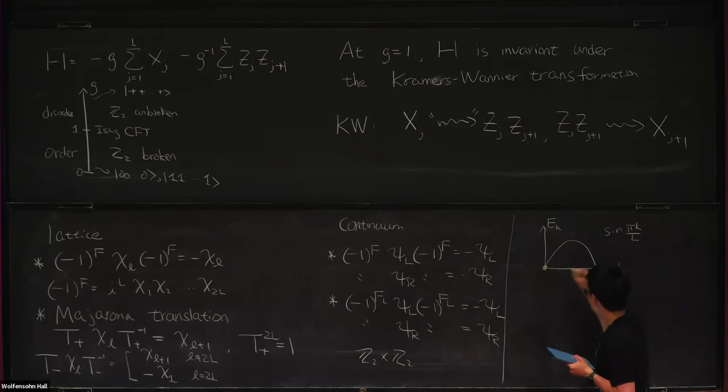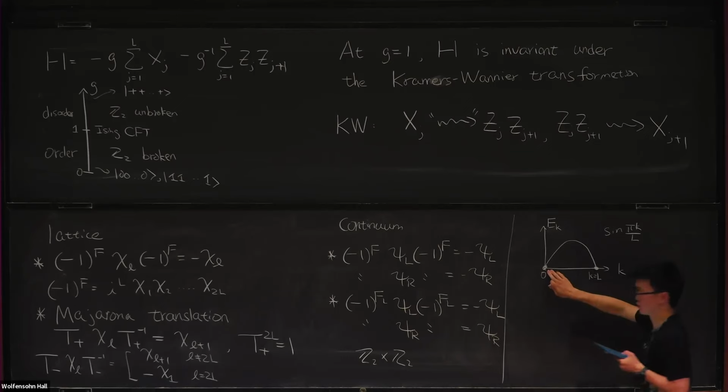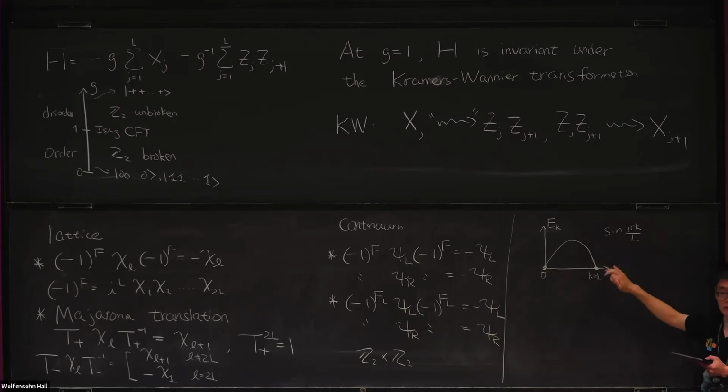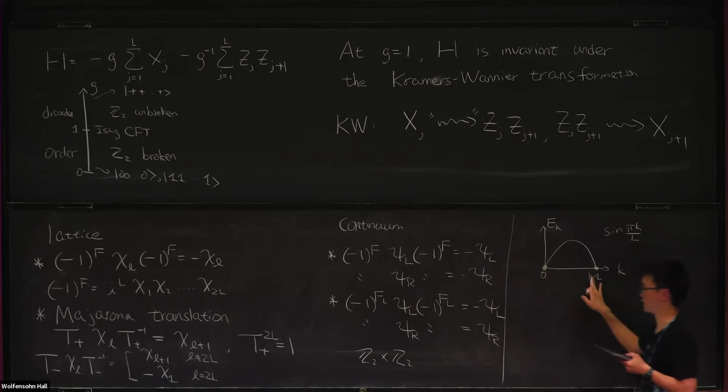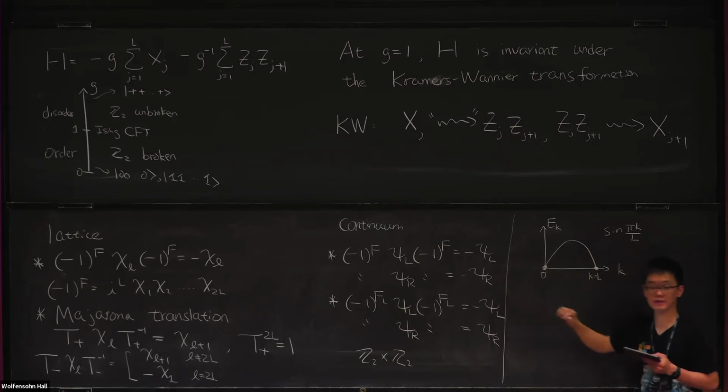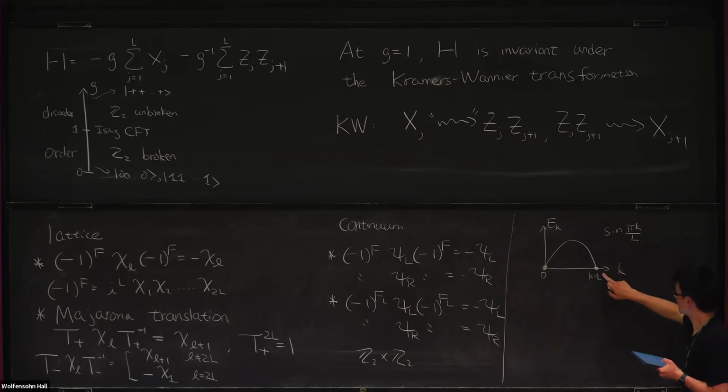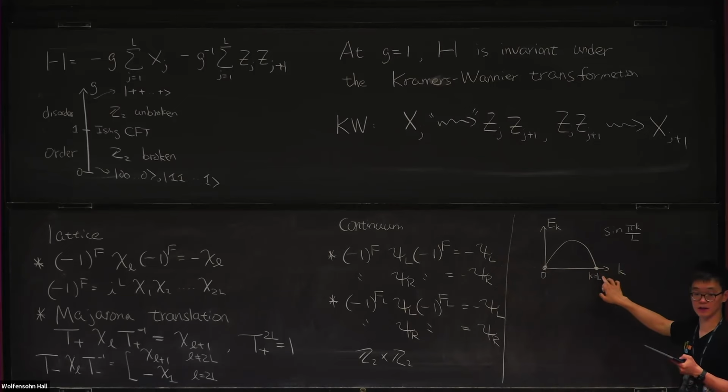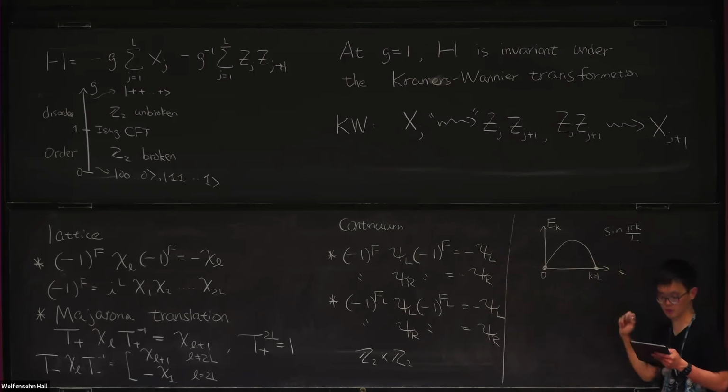You have two zeros here: this is k = 0, and this is k = L. From one end, you get the left-moving fermion mode, psi_L. From the other end, you get the right-moving mode, psi_R. But since here you're halfway through the Brillouin zone, when you do a lattice translation, T, you get an extra minus sign. You get a relative sign between the two modes.